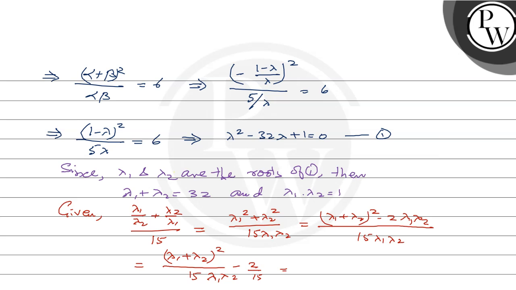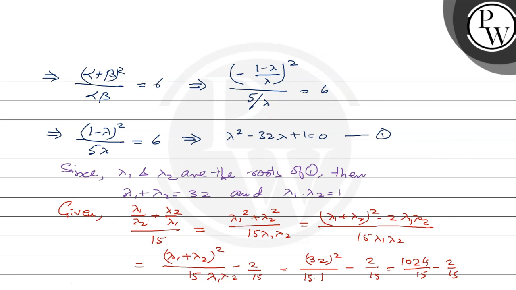So now I can put up the values. 32 square divided by 15 times 1, since lambda 1 lambda 2 is 1, so minus 2 over 15. So 32 square is 1024 divided by 15 minus 2 over 15. I'm changing the page. So we are getting 1022 divided by 15.